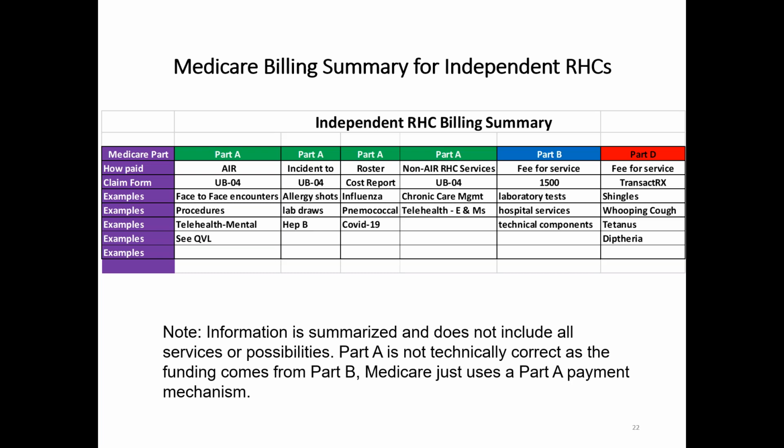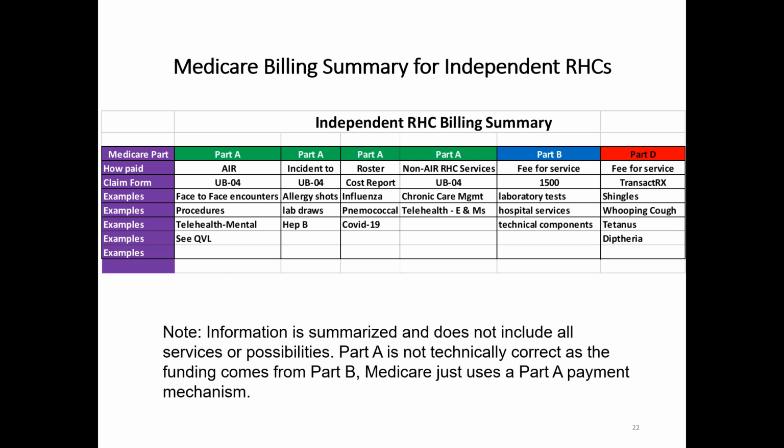You'll write down the patient's name, their MBI number, which is their Medicare number. We used to call it HIC number. You put that on there, and then you give them the date that you gave them the shot. So those three items are roster billed. MABs, if you're still doing MABs, those would be roster billed as well. We just don't see a lot of that.